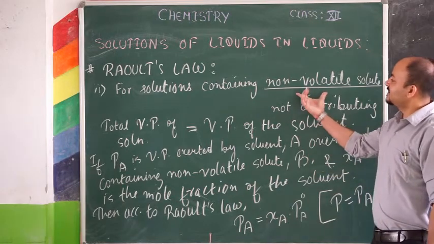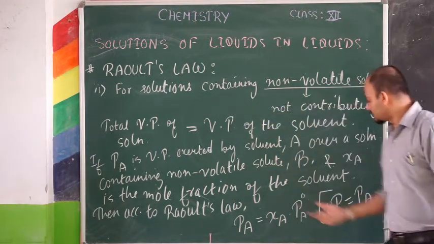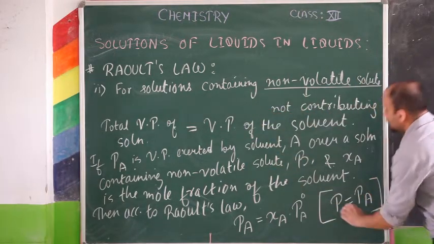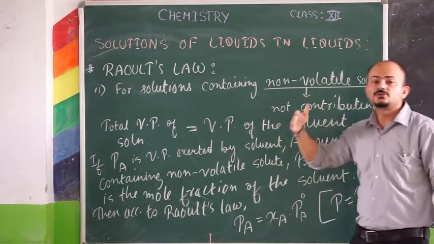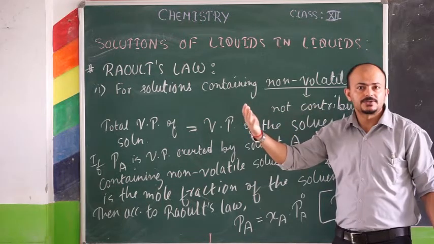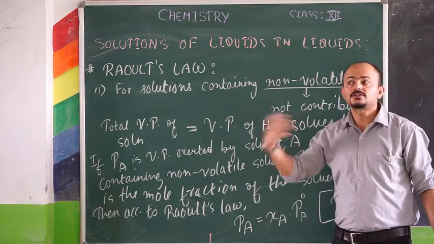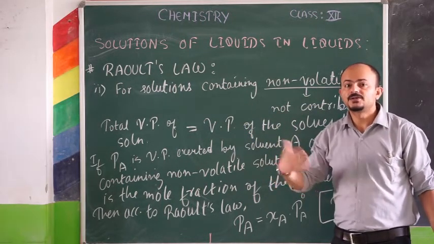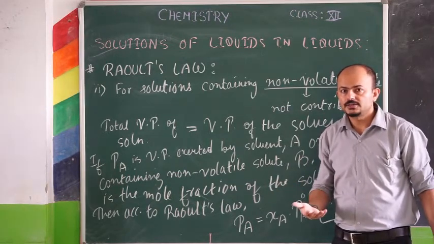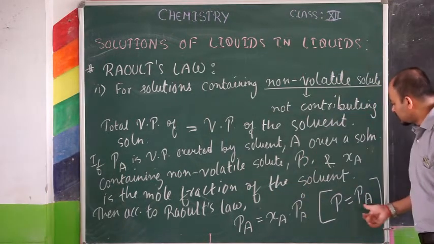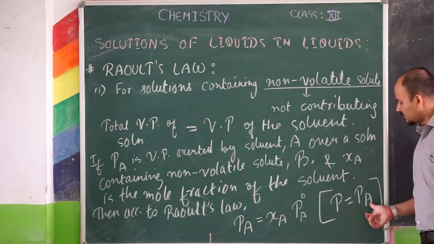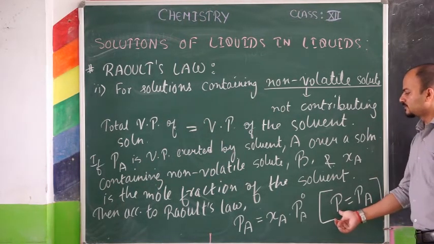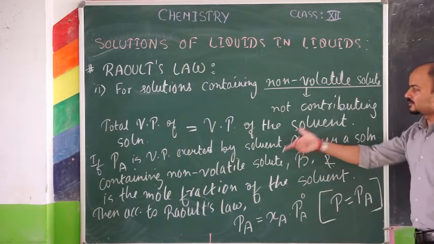Now, in this case, you have to understand this part. The non-volatile solute is not contributing to the total vapor pressure. Therefore, the total vapor pressure of the solution is because of the solvent molecules only. That means the partial pressure of this A, the solvent, is equal to the total pressure of this particular solution.